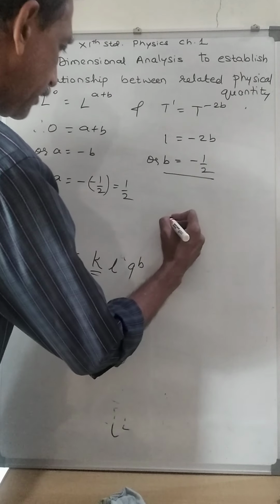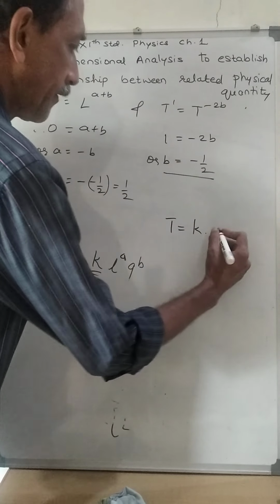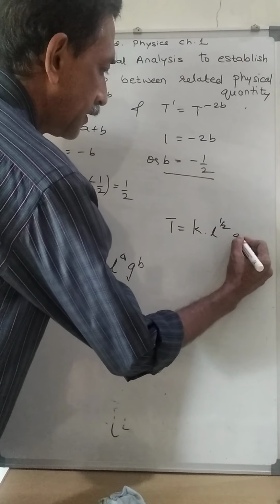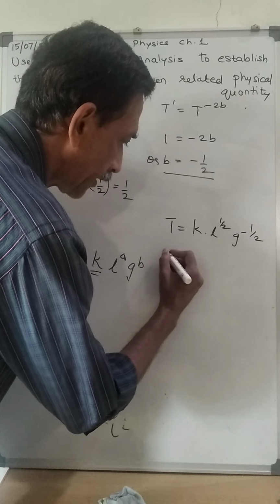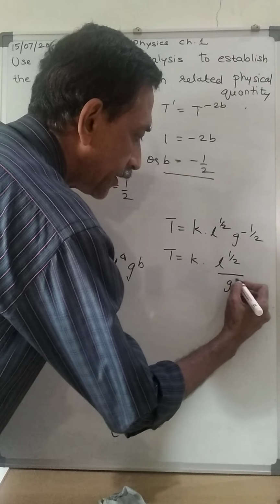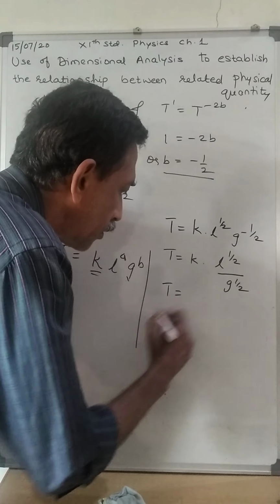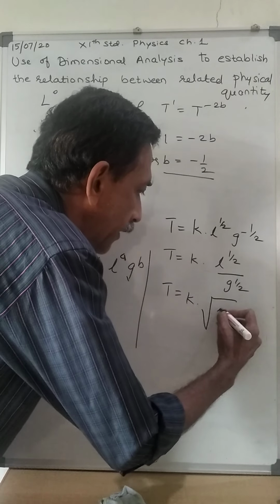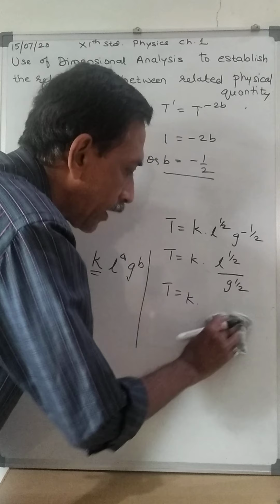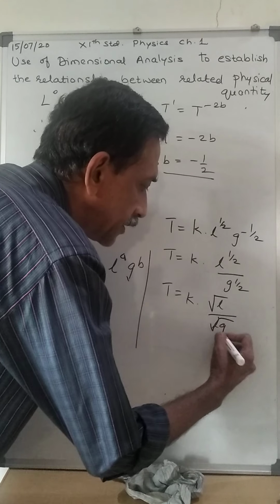Substituting, we get T is equal to K L raised to A, L raised to half, and G raised to B, B is minus half, G raised to minus half. So T is equal to K L raised to half upon G raised to half. Now anything raised to half is its square root. So we get T is equal to K into square root of L upon G. Or you can have one more step, square root of L upon square root of G.